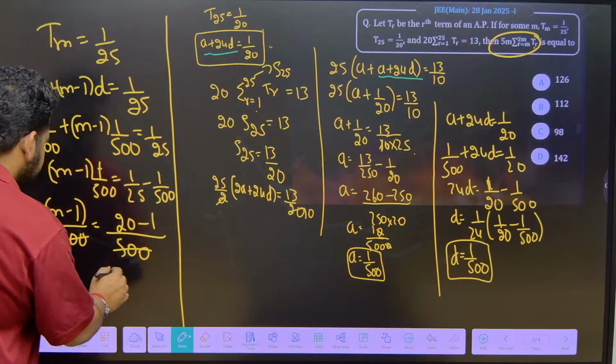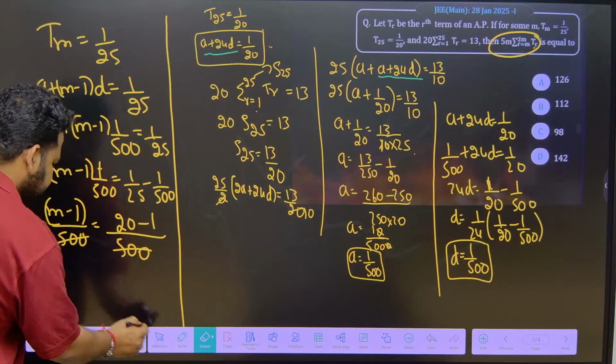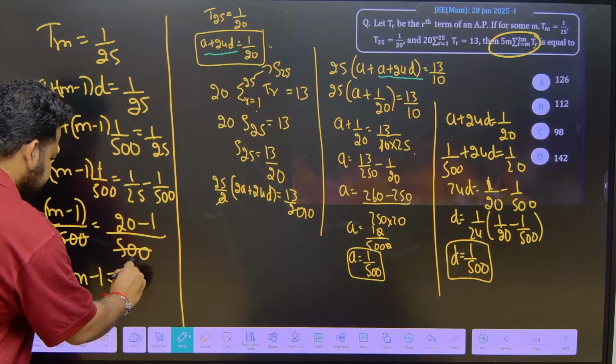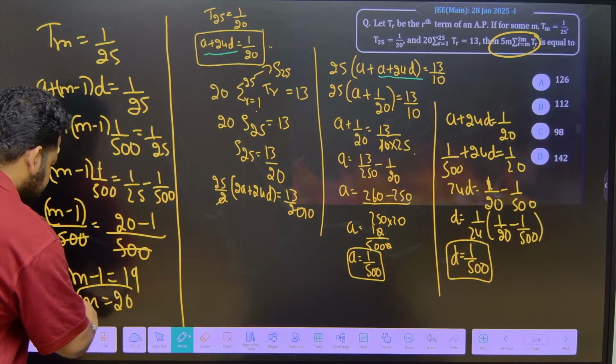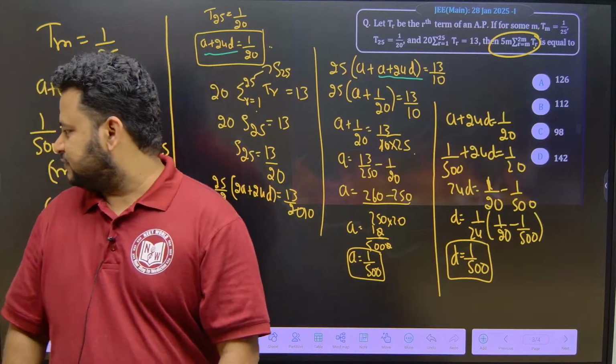M minus 1 is equal to 20 minus 1, which is 19. M is equal to 19 plus 1, 20. So we got the value of M.